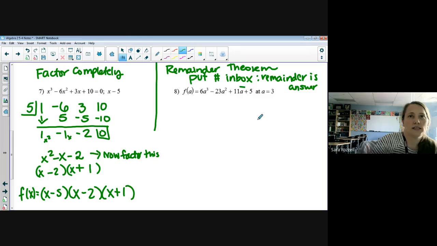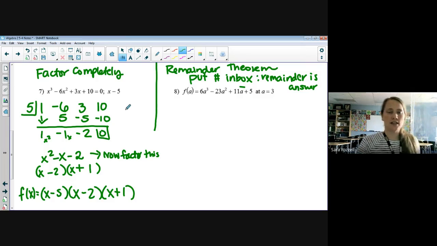We don't change the sign with the remainder theorem because there weren't any parentheses, or it wasn't like x plus or x minus. They just give you a single number. So it's kind of like them saying, here's the root already. You don't have to change the sign. We just put it in the box. Whatever you get for your remainder is the same thing you would have gotten if you plugged the number in to each of the variables.